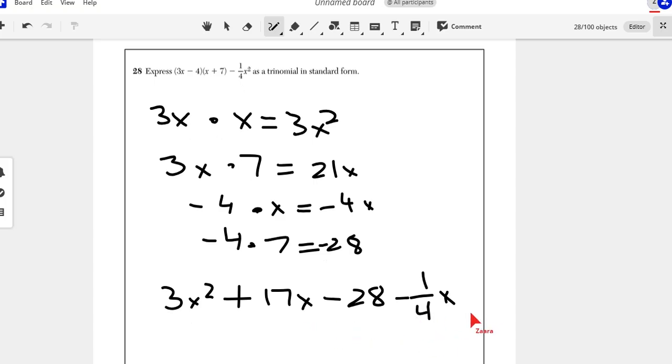It's negative 1 over 4 x squared, yes, but you didn't put x squared there. In the question it was x squared. So then you combine like terms.